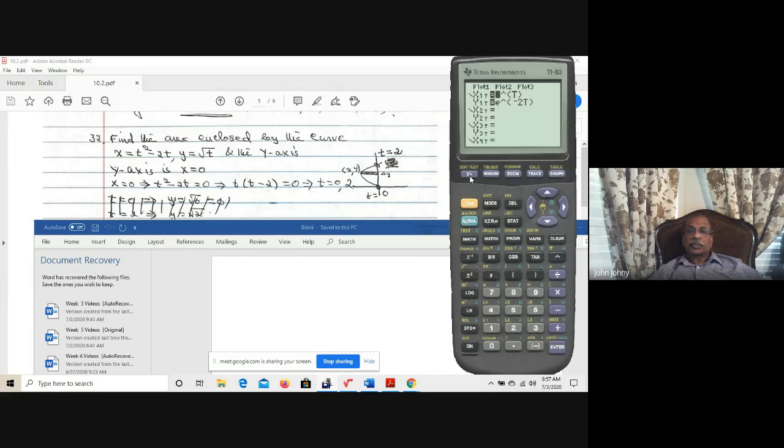X is equal to t square minus 2t. Y is square root of t.